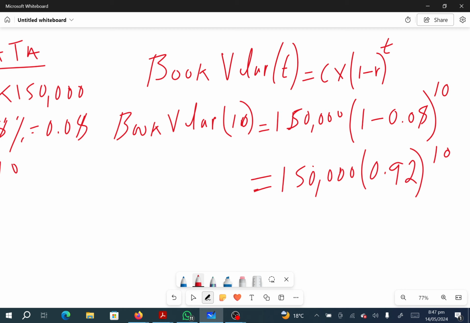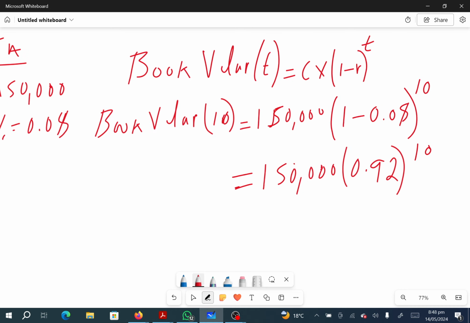Then we'll say 0.92 to the power 10. What are we getting? So 0.92 to the power 10 multiplied by 150,000.